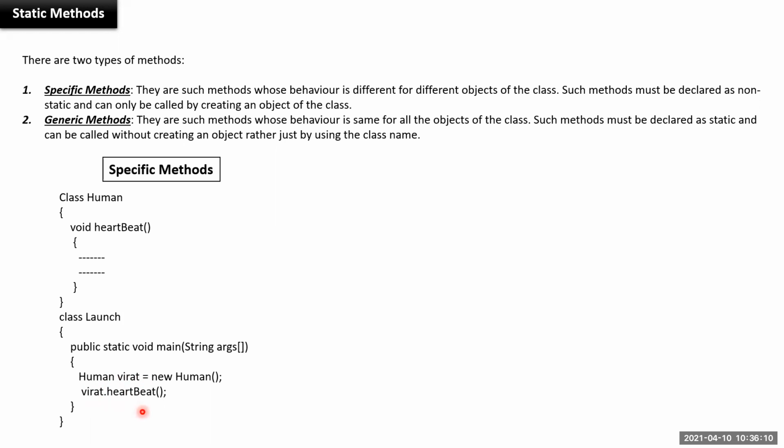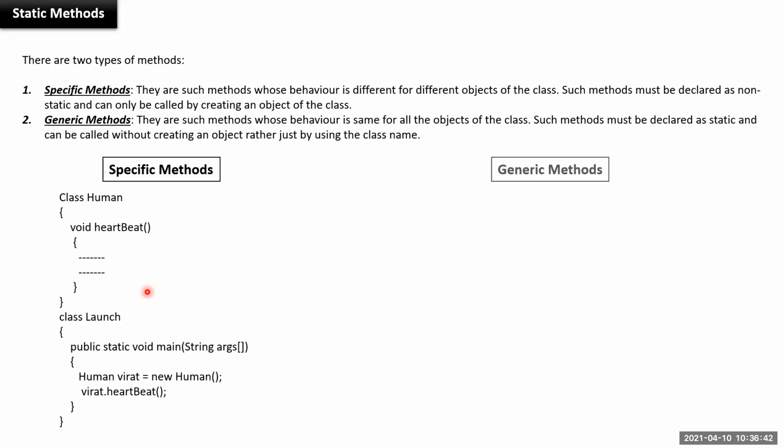Similarly, if I create one more object, Human Sachin equals new Human, I'm asking to store the heartbeat of Sachin Tendulkar. That is again specific. Don't you think every value will be a little different? The same method's behavior will be different for every object. That is nothing but a specific method. The same method behavior will be different for different objects of the class. These are called non-static methods, or we can also call them specific methods.